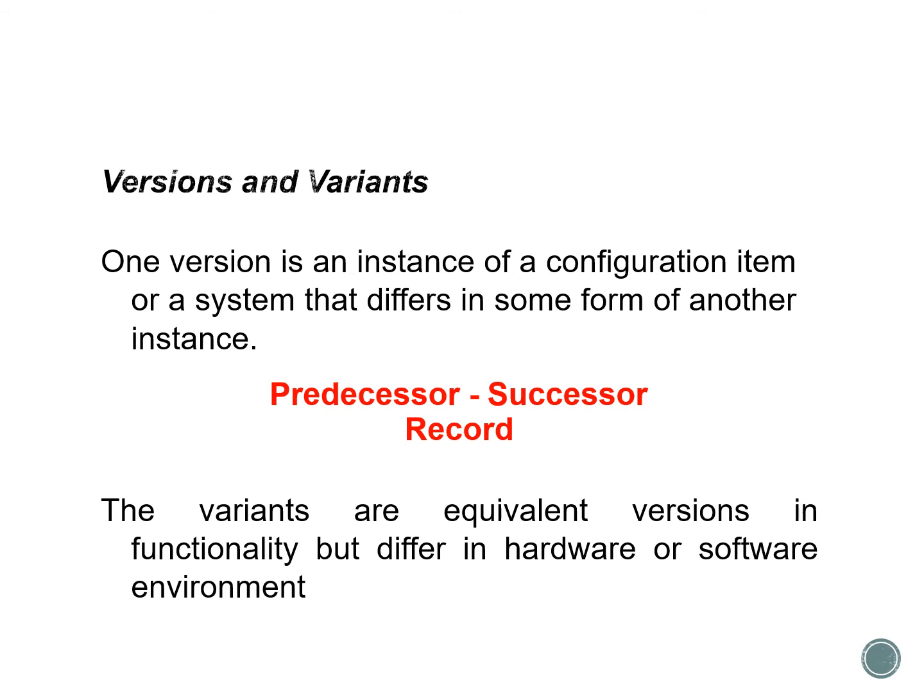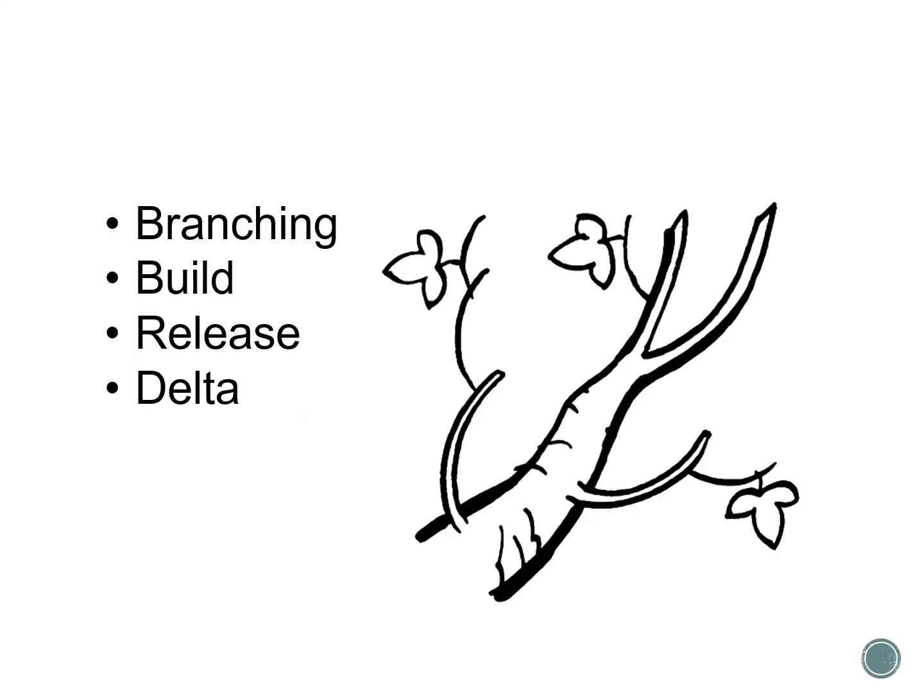But the variant which was sold to one customer doesn't necessarily get the same upgrades that those customers who bought the more recent version get. And this of course means that you have to support the different systems, but that's just the normal software business and software life cycle.